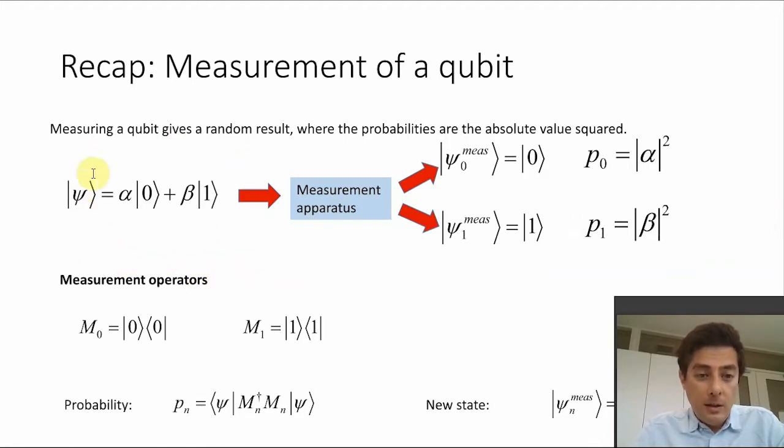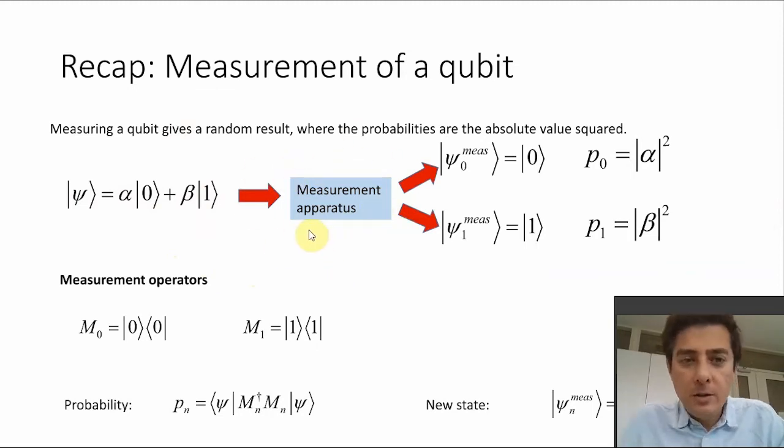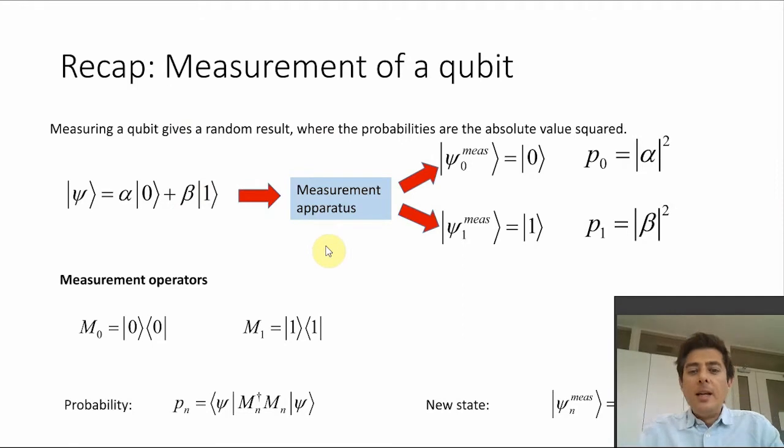So if we have a quantum state here with some superposition of 0 and 1, what we learnt there is that we stick it into the measurement apparatus, that device that I showed you on the previous slide, and then randomly it will turn into either 0 or 1. And the probabilities of those measurements are just given by the modulus squared of each of the coefficients of these 0 and 1 states, right?